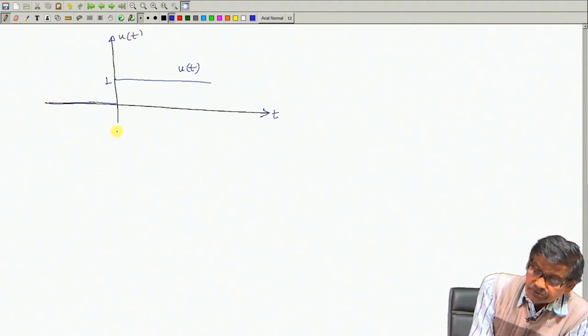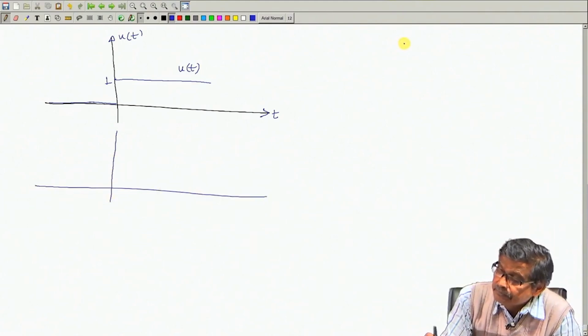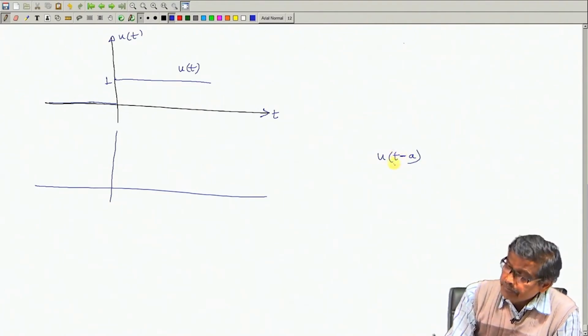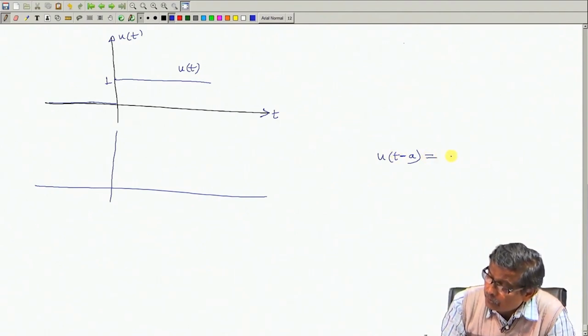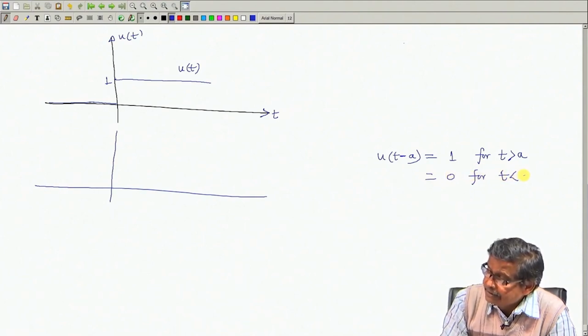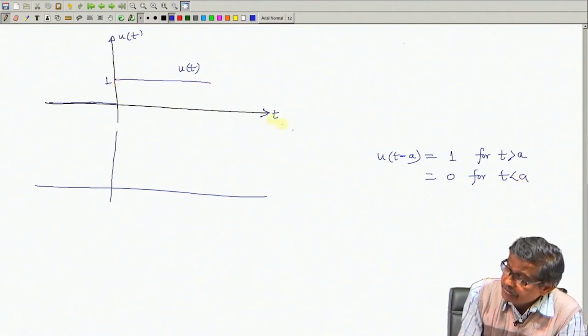Now, if I ask you to sketch u(t minus a), where a is a positive number, it means that this will be equal to 1 for t greater than a and will be equal to 0 for t less than a. This much I must know, that is your unit step function.